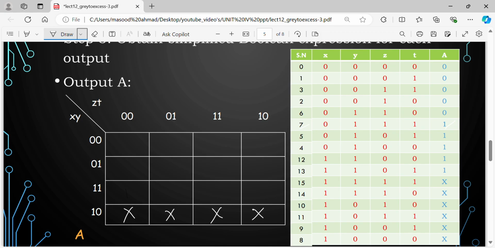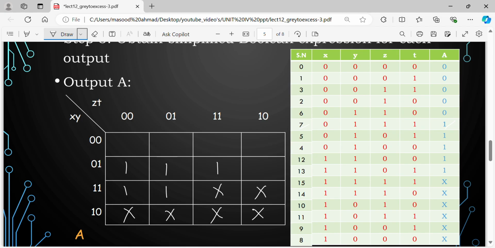Then if you look at the ones, it is 1 for 5, 1 for 4, so 4, 5, it is 1 for 7, of course. Then it is 1 for 12 and 13.